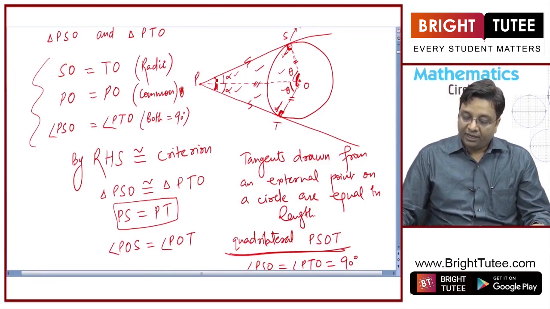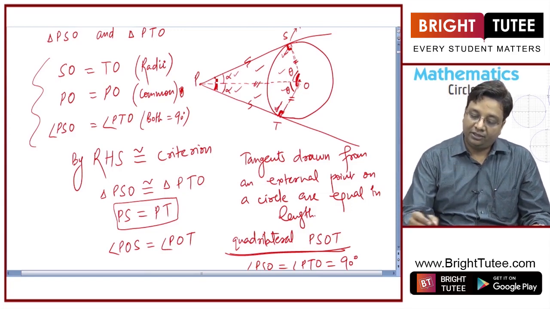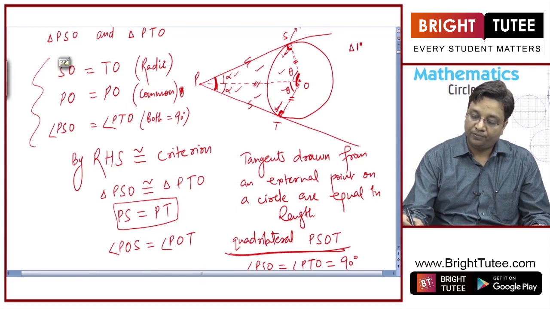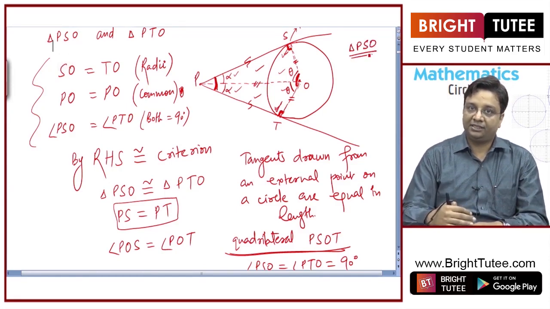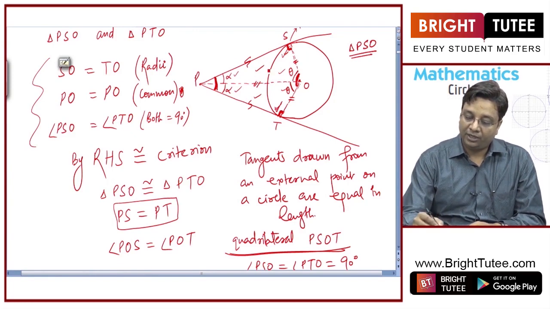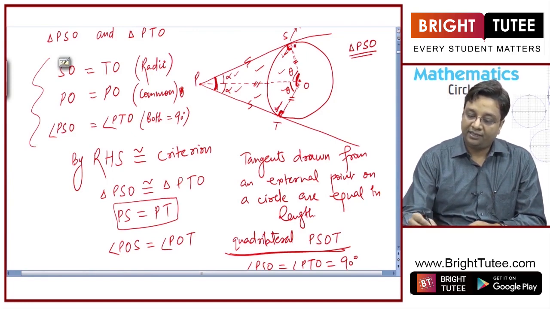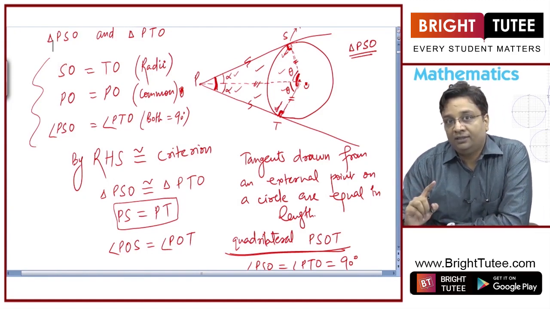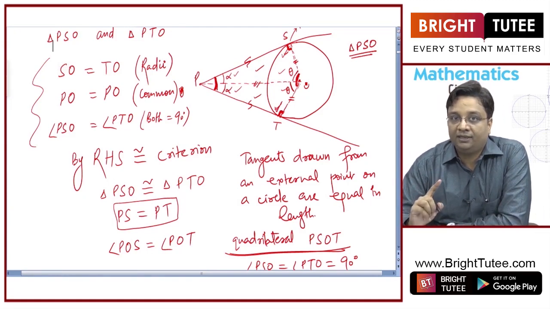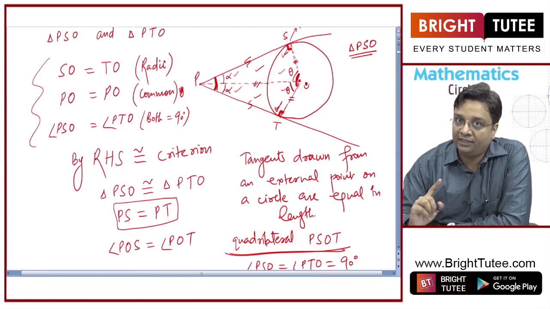Other result that we can draw, if you look at this triangle only, triangle PSO. I'll make a fresh figure and then we will discuss these results. But right now look at this figure here, triangle PSO. The sum of the internal angles in a triangle is equal to 180 degrees.